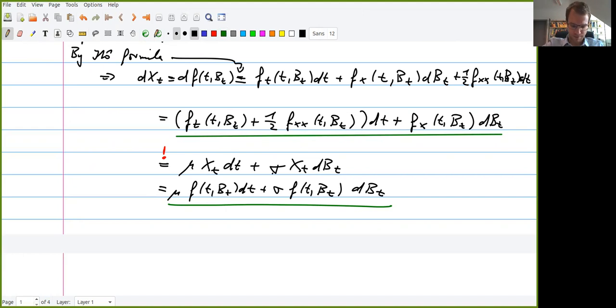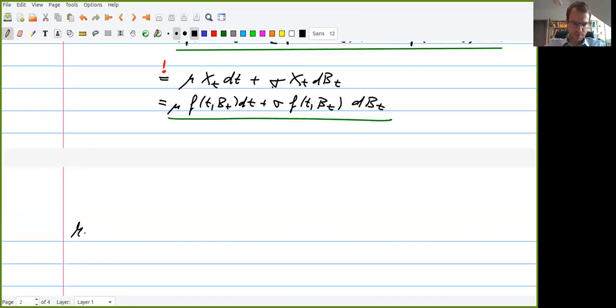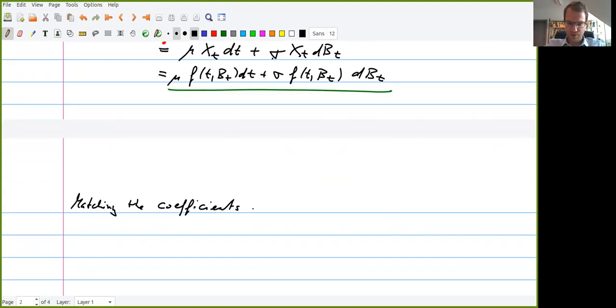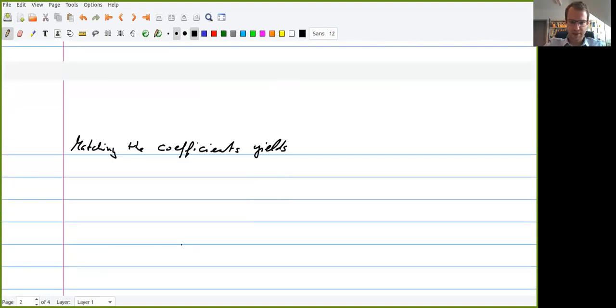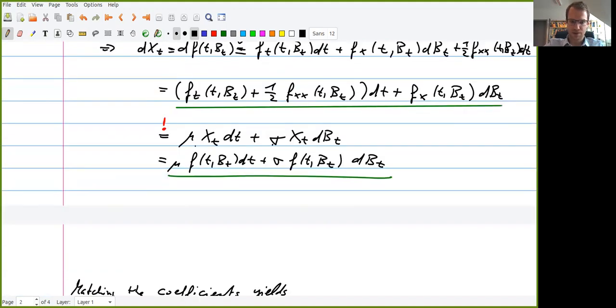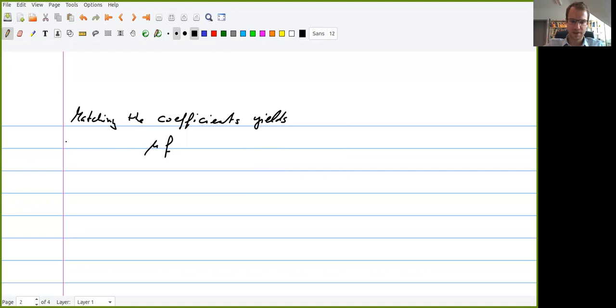All right, so what does this mean? Matching the coefficients. What do we get? Okay, wait. So we know that mu f, this here, the first term, has to be the same as the derivative in time, and then 1/2 the derivative twice in space. And the same for the stochastic integral part.